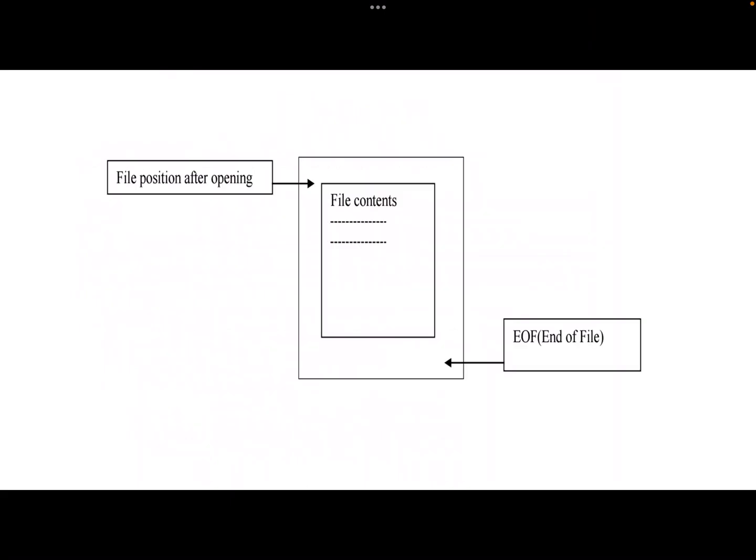This is shown in the block diagram. The file position after opening is at the top of the file, and once it is read, it will be at the end of the file.